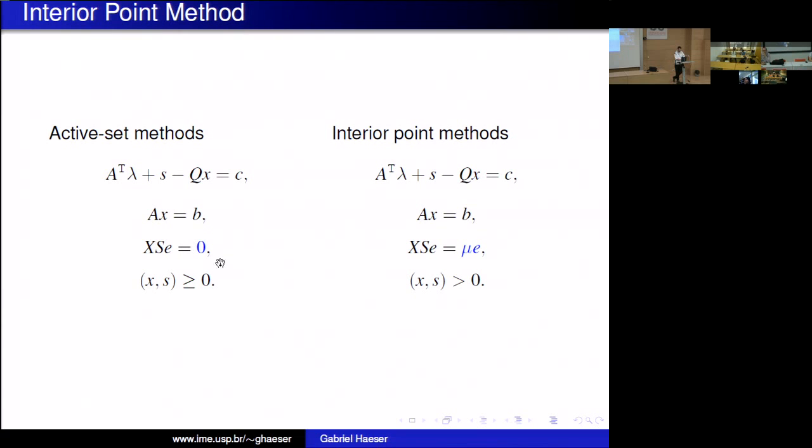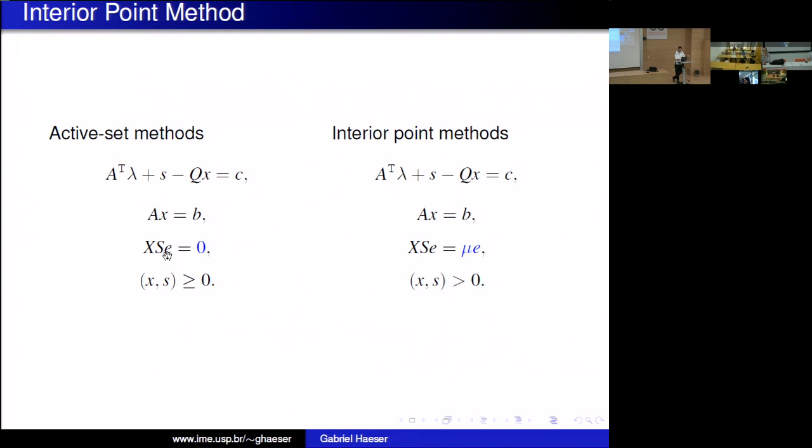You can try to find, looking at this constraint, by choosing which is 0, xi or si. And the simplex method does this in a clever way, such that you can always start with a feasible x. So x is non-negative and fulfills this condition, but s may be negative. So the simplex method changes this choice of subsets.